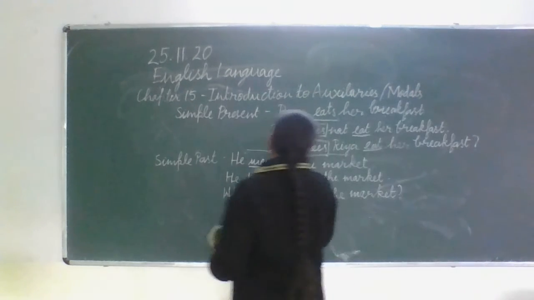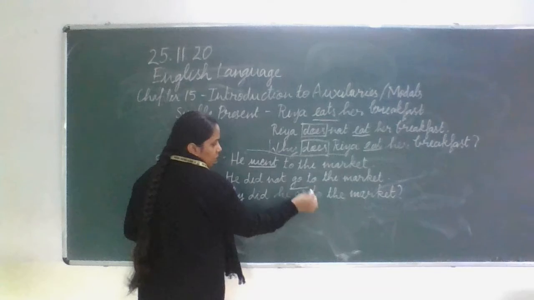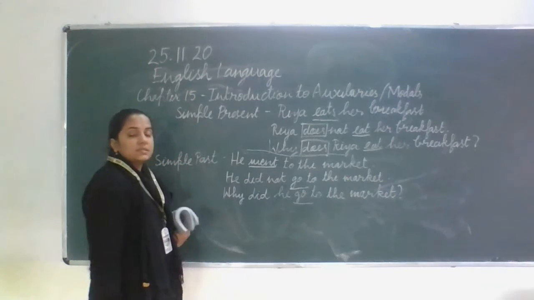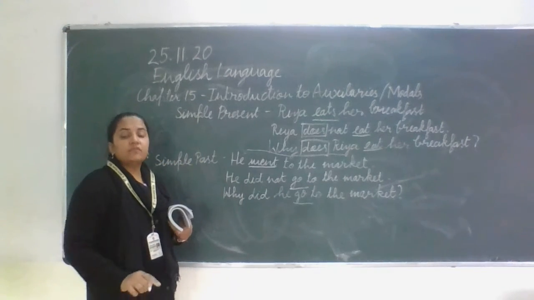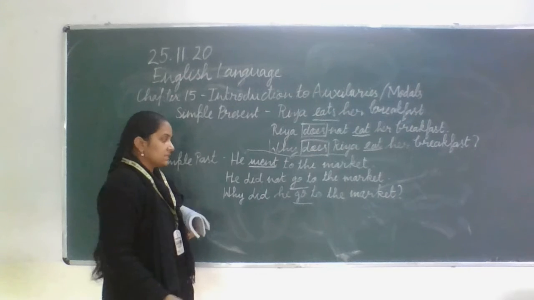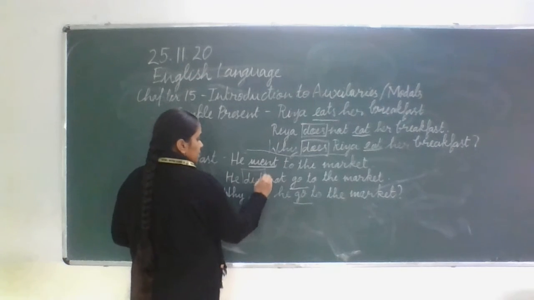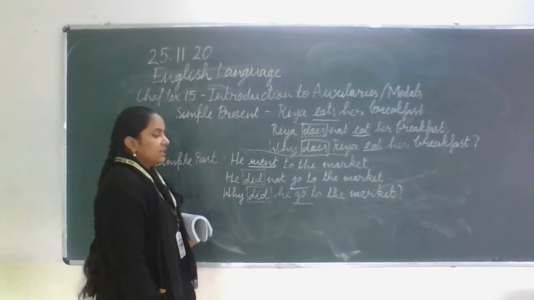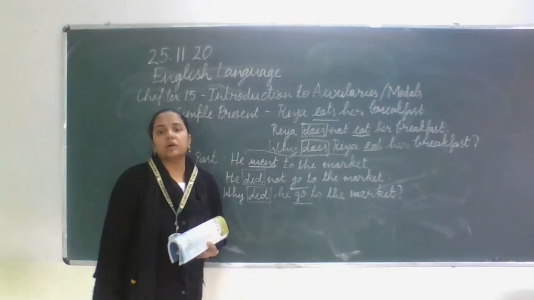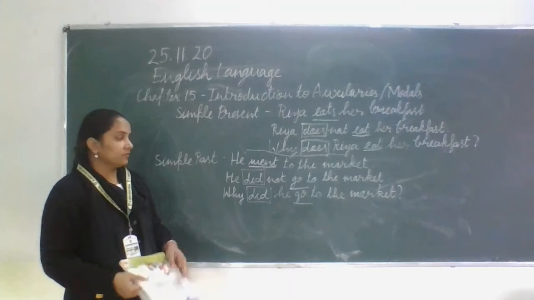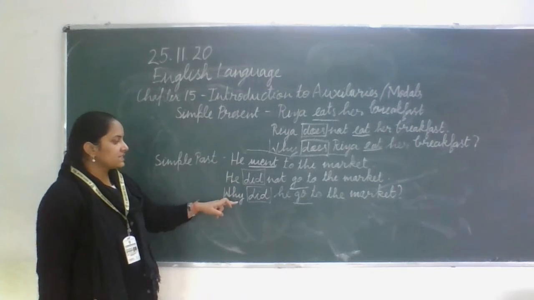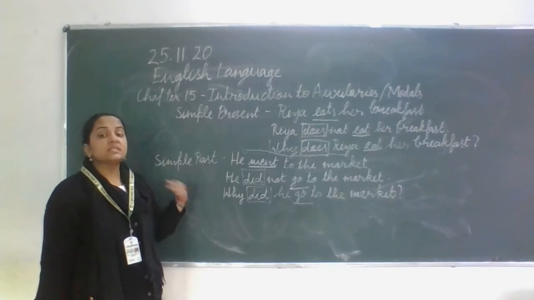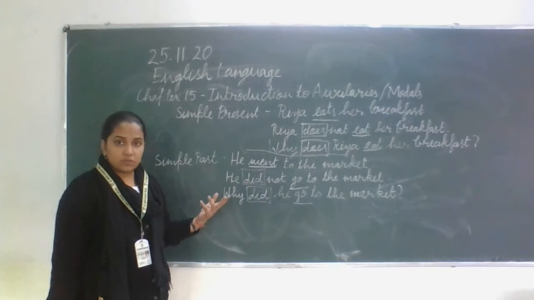Now in both these sentences, go is the main verb of the sentence, while did in both is the auxiliary verb or the helping verb. So we require auxiliary verbs to make the sentence negative or interrogative.